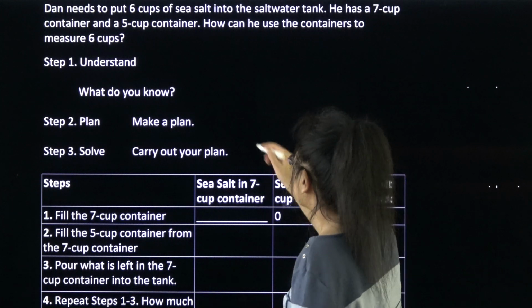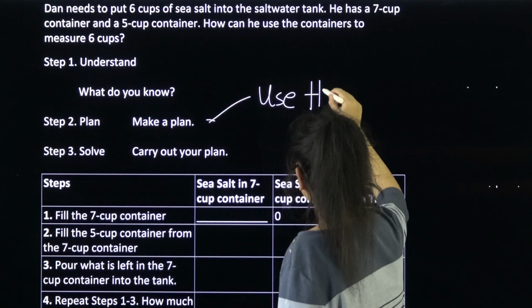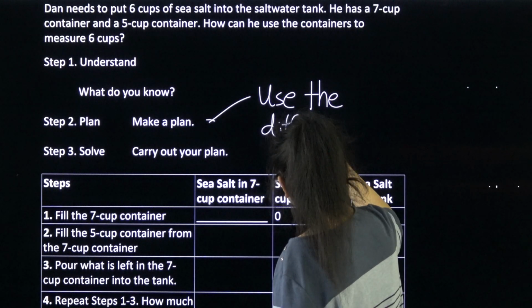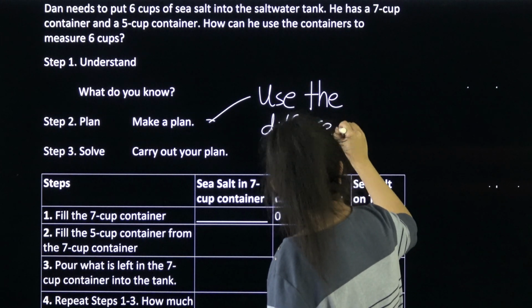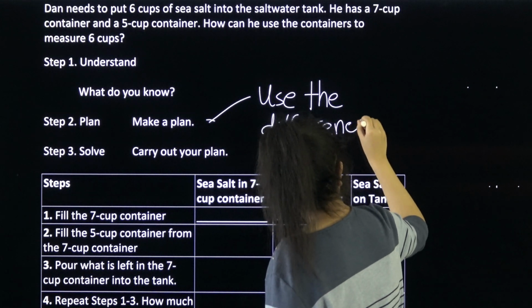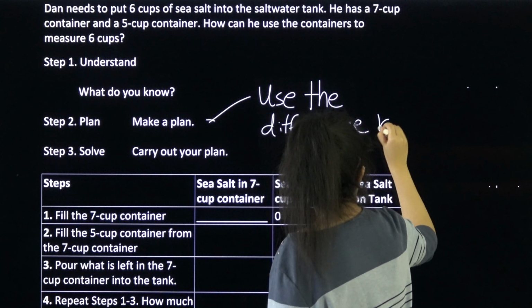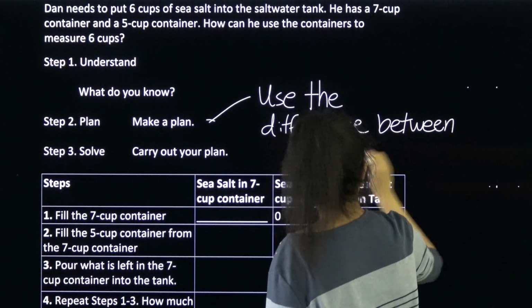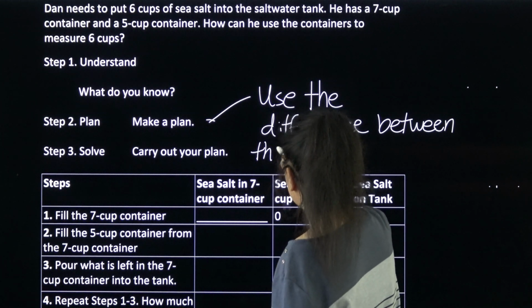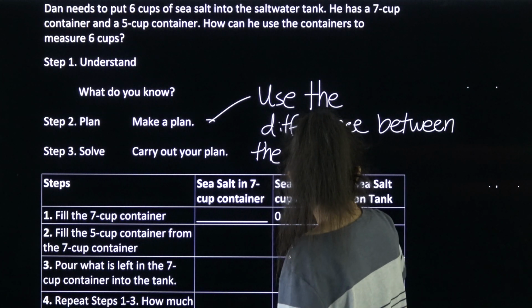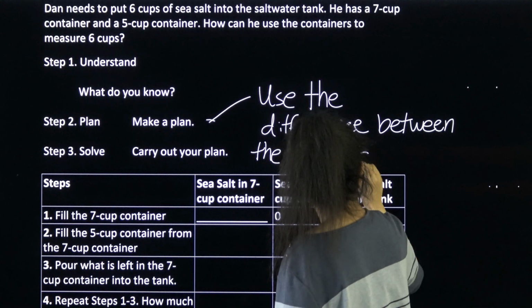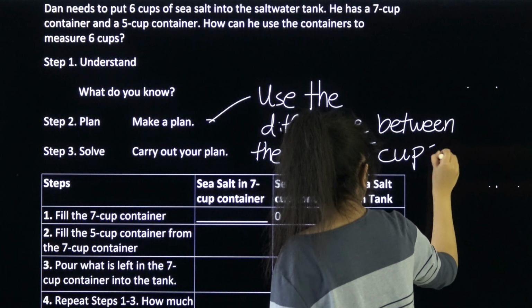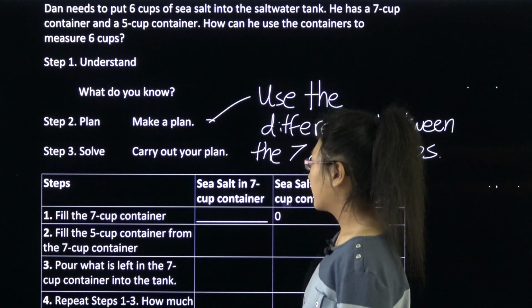So our plan is to use the difference between the 7 and 5 cups.